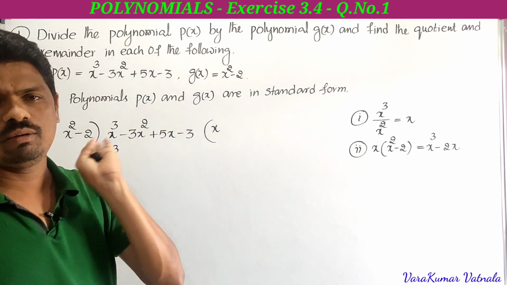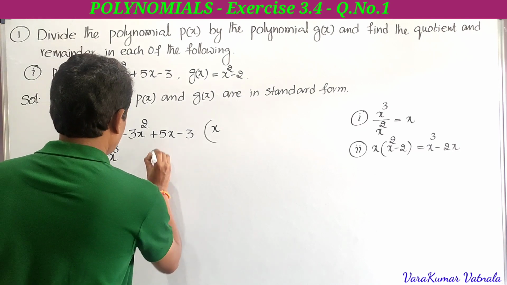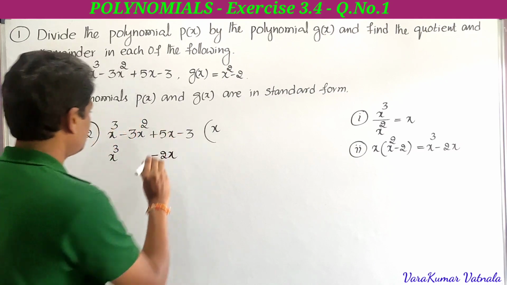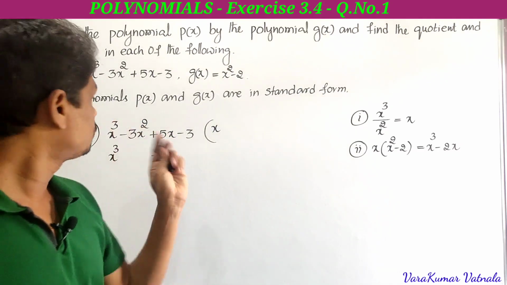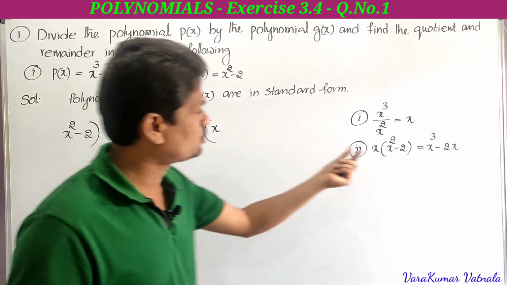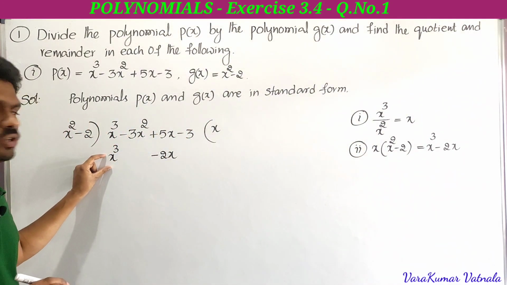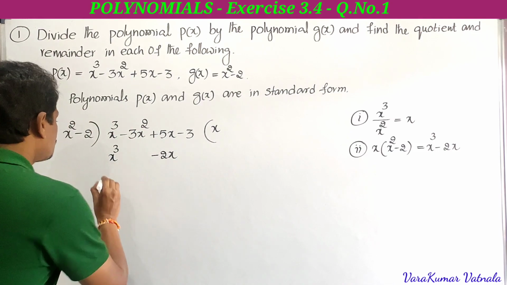It is very important, student. Every student makes a mistake here. So you have to write this minus 2x below the x term. If you write minus 2x elsewhere, you can get confused. So this is very important. So here x cube minus 2x is there. Write the x cube term below the x cube term. Write the x term below the x term. So now subtract.